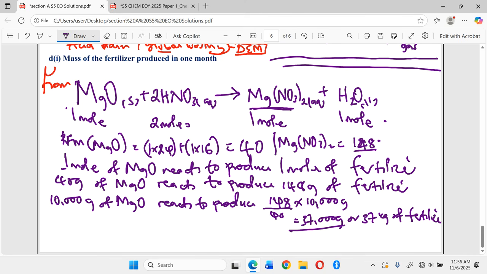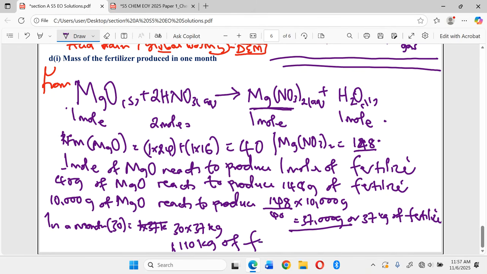Now this is for only 1 day, which means in a month, let's assume we have 30 days in a month. It will be 30 times 37 kgs, which will give us 1,110 kilograms of fertilizer in a month.